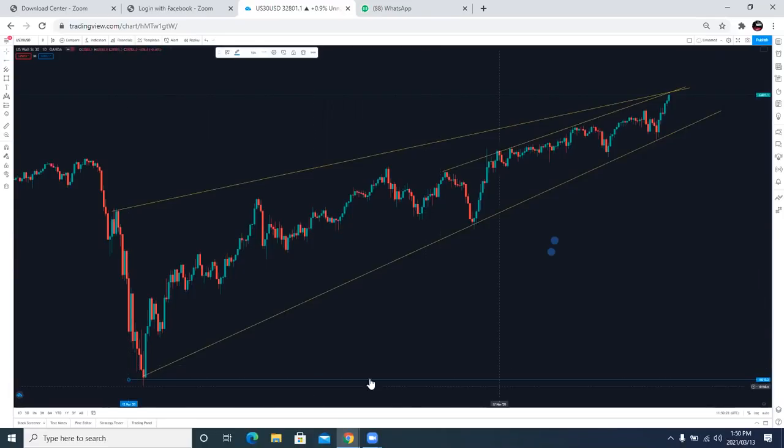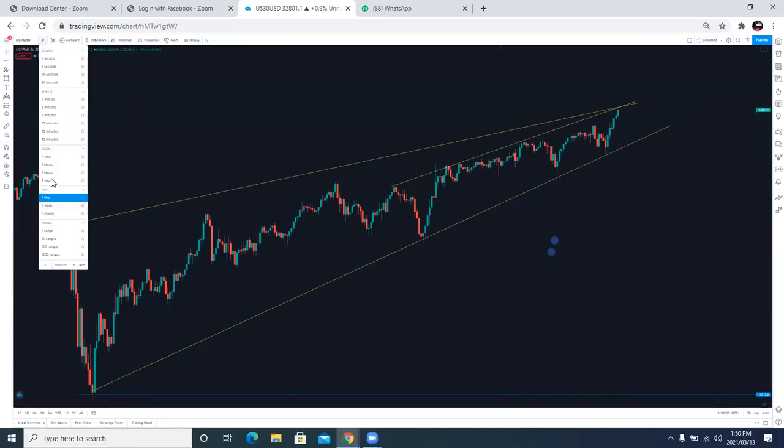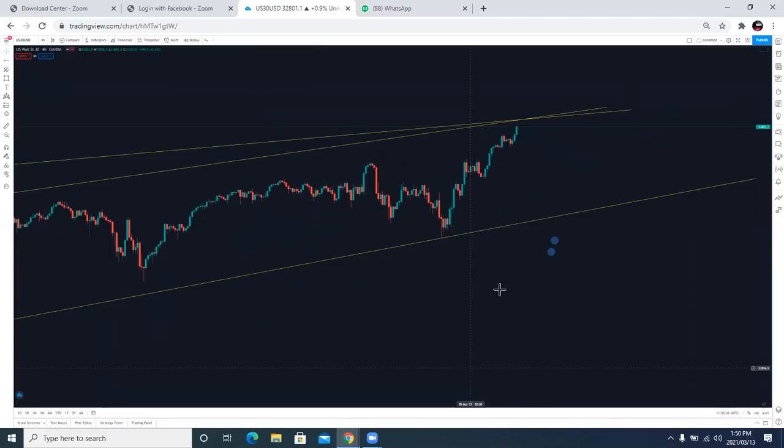So now I'm going to go from the daily to the four hour. On the 4 hour, when we look at the market, guys, we can see that the market is moving so nicely. We do have a 1, 2, 3.